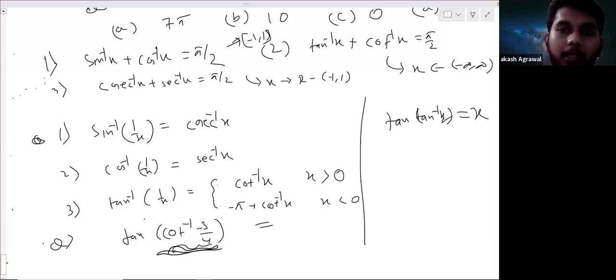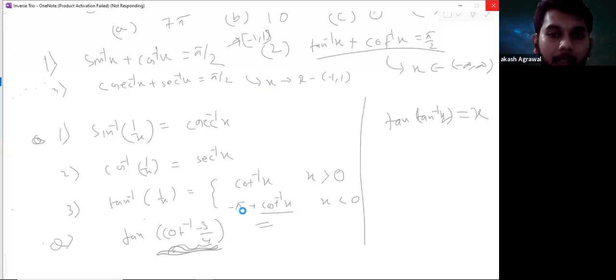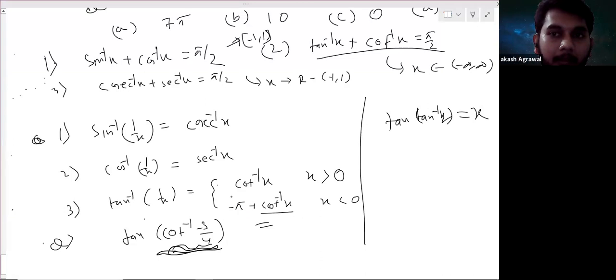So what I can use? I can use this tan inverse x plus cot inverse x equals pi by 2, right? So we can use tan inverse 1 by x is equal to cot inverse x. Yes, but remember to use the negative formula then, because x is negative here. And you are converting cot into tan, so remember to add pi.